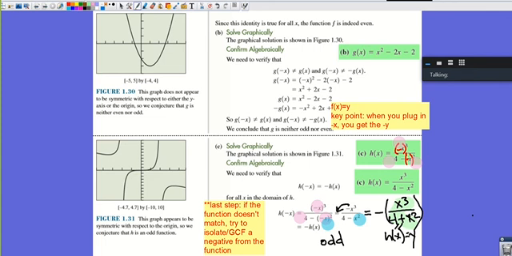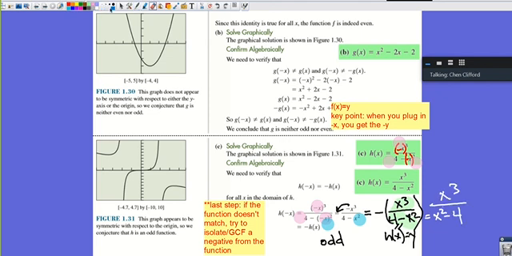Let's say that instead of 4 minus x squared, it said x squared minus 4 instead. Let's say a problem looked like this.